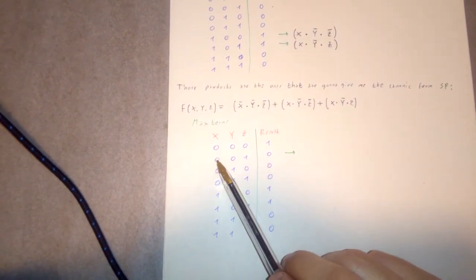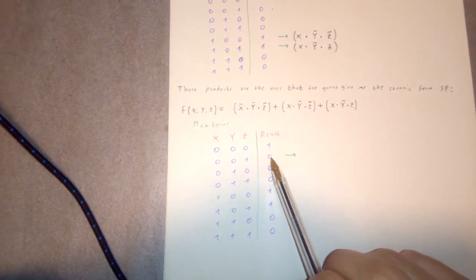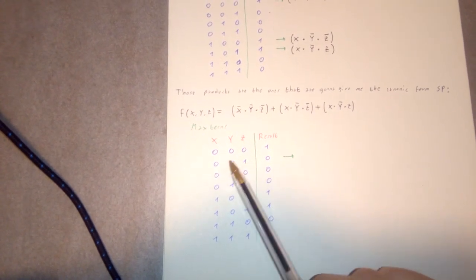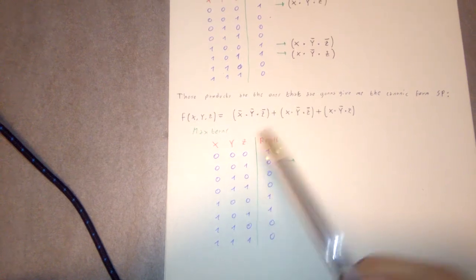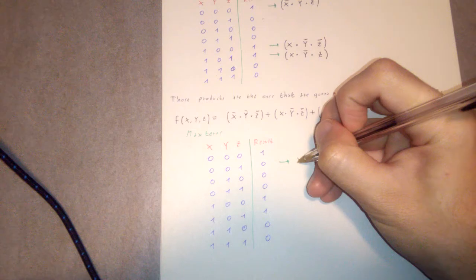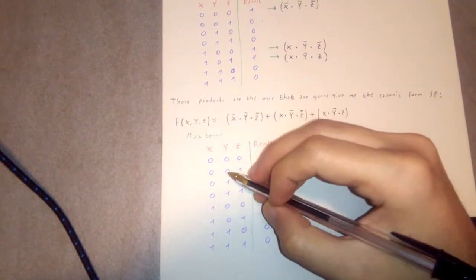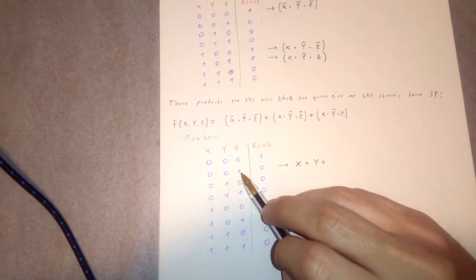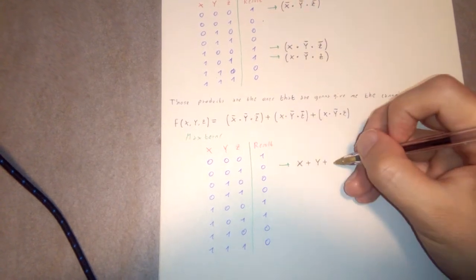So I'm going to focus on whether the result is 0 and whether x, y, and z are actually 0. So x is indeed 0, so I write x plus y because it's 0, plus not z because it's 1.